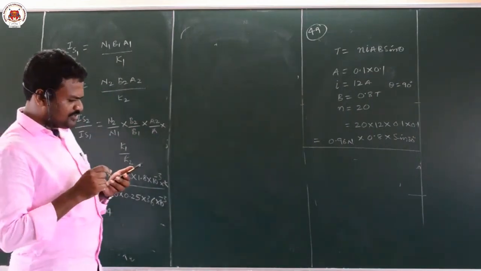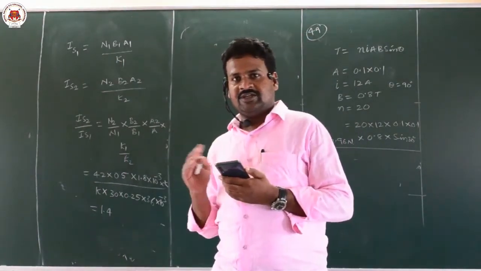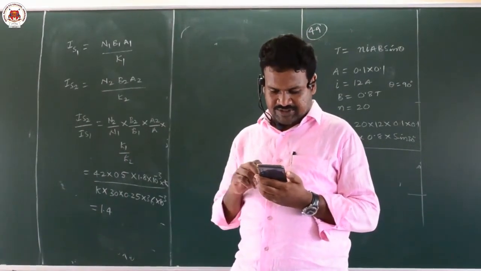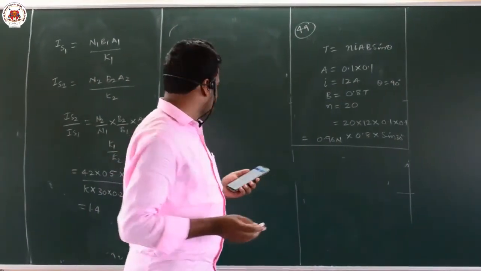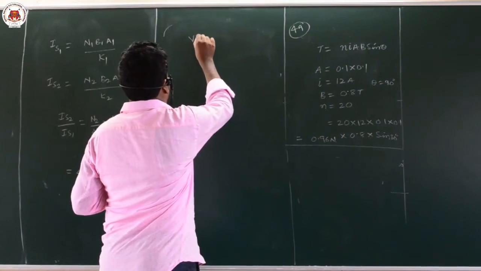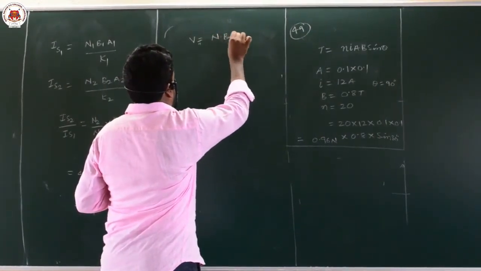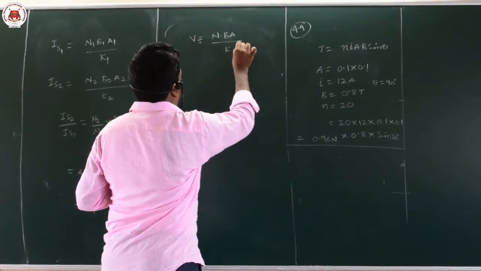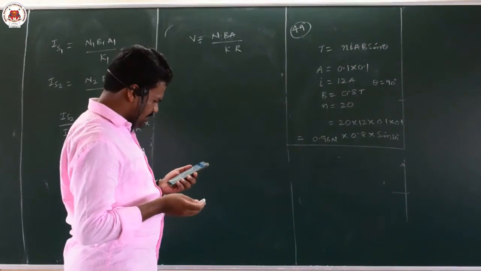Here in the question he has mentioned there are two coils in a galvanometer. You have to find the ratio of current sensitivity and voltage sensitivity. For voltage sensitivity, what happens? Voltage sensitivity formula is N B A by K into R. Resistance will be there. So similarly you take the ratio.